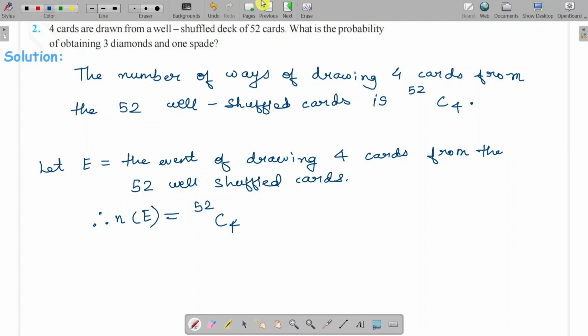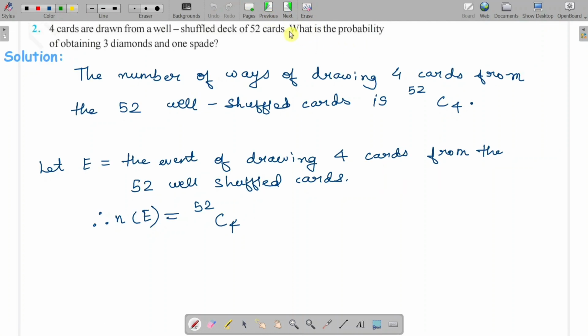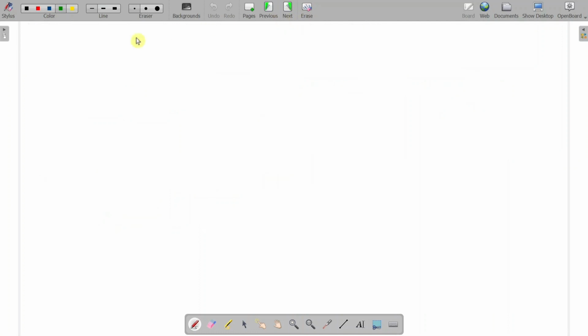Okay, now let us look at the second part of the problem. What is the probability of obtaining 3 diamonds and 1 spade? So let us see the number of ways of drawing 3 diamonds and 1 spade from the 52 cards.